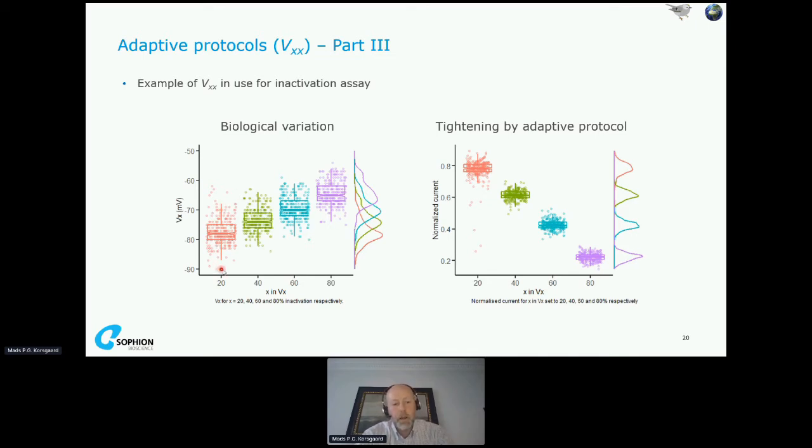There's a lot of biological variation. So if you instead ask the instrument, in this case Qube, to do a Boltzmann fit on the fly online, estimate the Vx, and then apply that in the subsequent protocol, you can see how much tighter you get these data. When you ask for 80% availability, you get pretty much 80% availability, 40%, and so on.